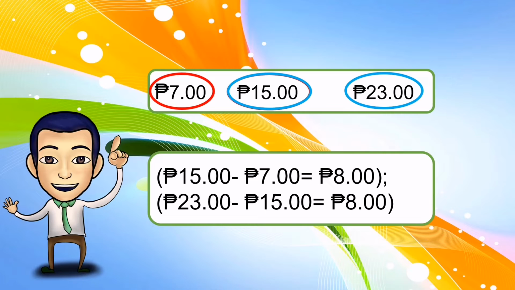So 15 pesos minus 7 pesos is equal to 8 pesos. 23 pesos minus 15 pesos is equal to 8 pesos. So this means that 8 pesos is our common difference for this pattern.